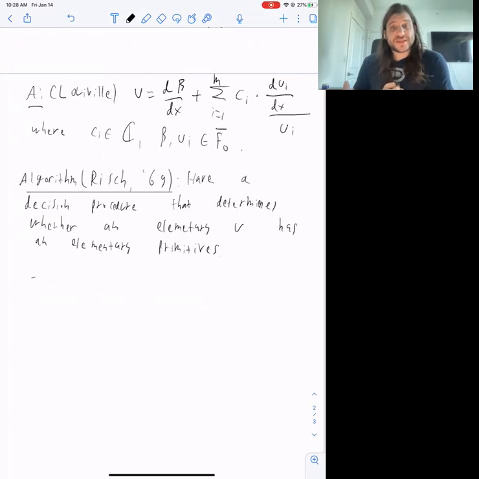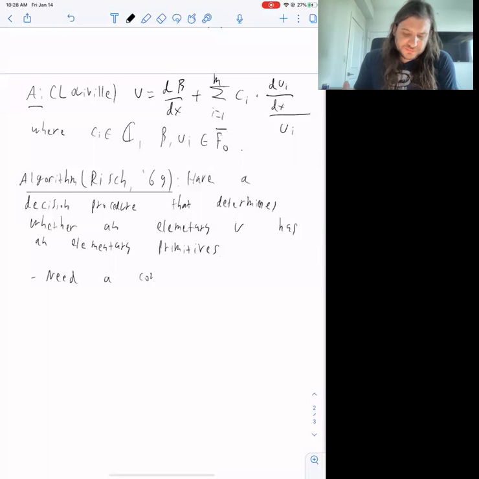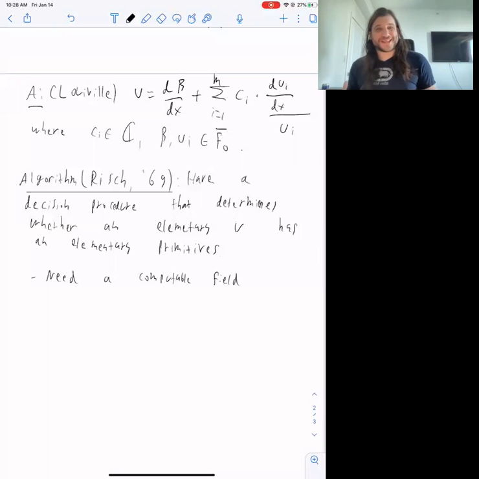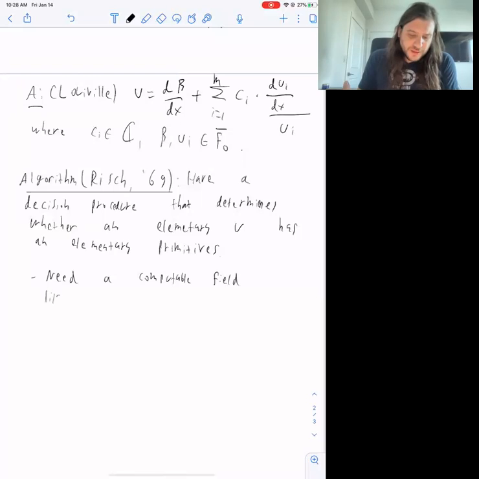So first of all, in order to make this work, you need a computable field. So it's kind of hard to work with complex numbers explicitly at all. You need a computable field like Q bar, or for example, a field of finite type, a finitely generated field over Q bar.